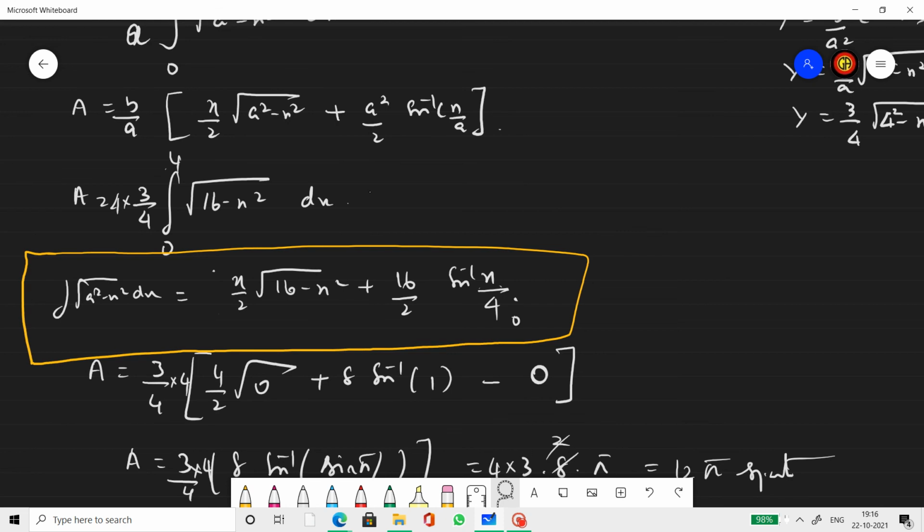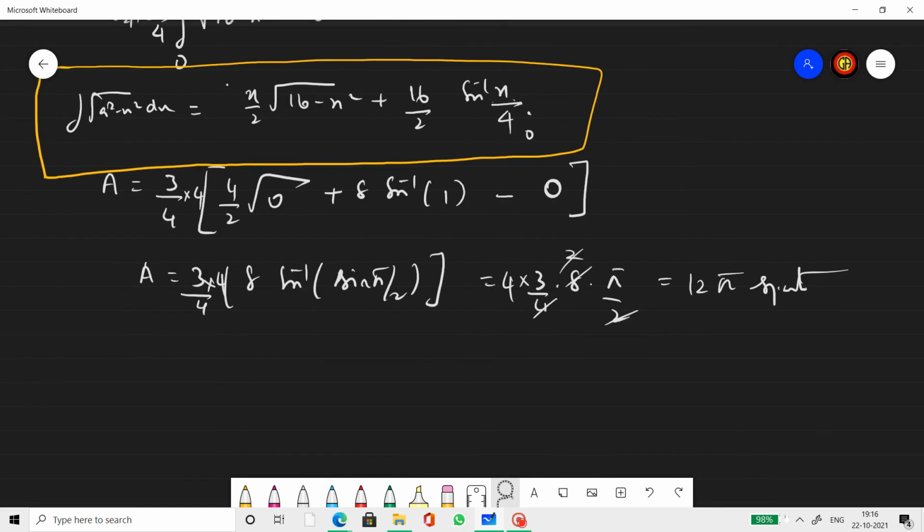Then apply the upper limit and the lower limit. The upper limit is 4 and the lower limit is 0. When you apply the limits, everything becomes 0 except the sine inverse 1. Sine inverse 1 is sine inverse of sine pi by 2, which is pi by 2. Multiply with the rest of the numbers, you get 12 pi as the answer.